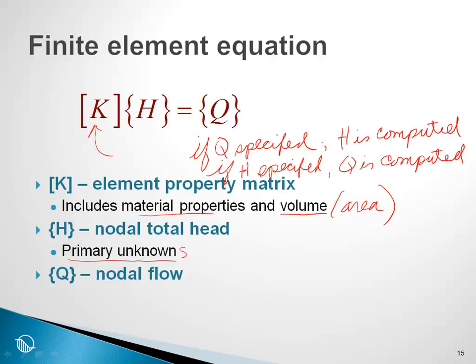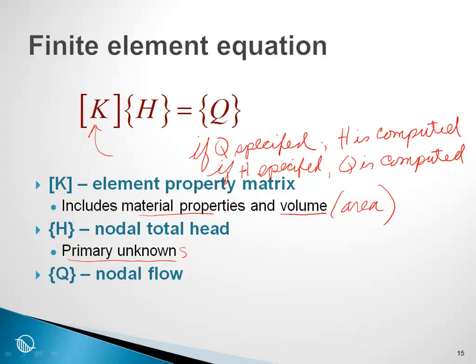As we will see, when it comes to defining boundary conditions, we fundamentally have only one of two choices available to us. We either specify a total head or we specify a flux rate. So once again, I urge you to have this little equation in your mind when you do seepage analysis.